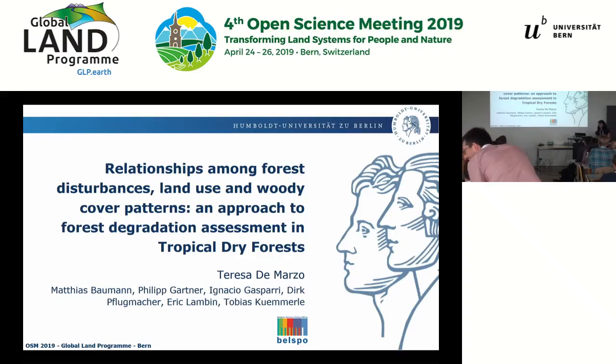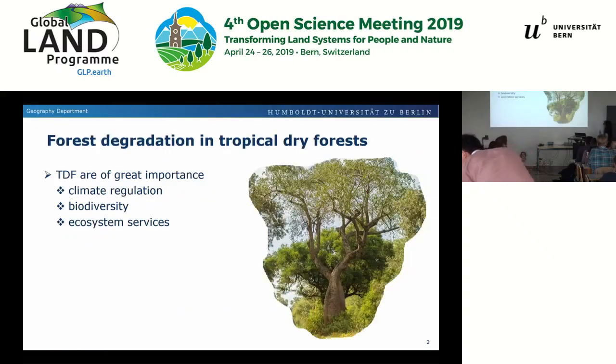Why are we interested in forest degradation in tropical dry forest? Well, tropical dry forests are of great importance for their critical role in climate regulation, because they harbor a unique biodiversity, and also because they provide ecosystem services that sustain the livelihood of many people, including the world's poorest. However, tropical dry forests are under great pressure.